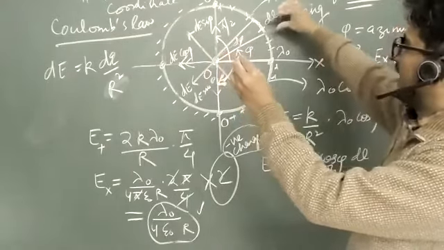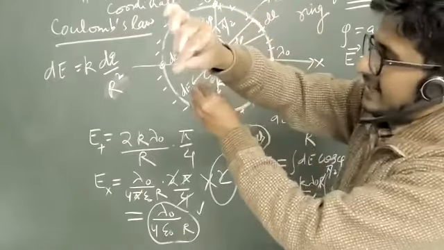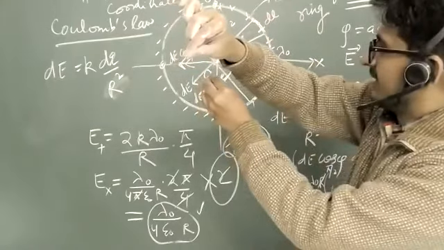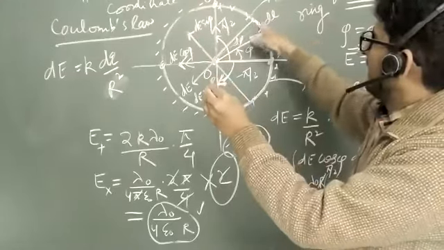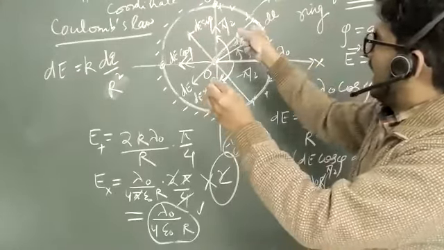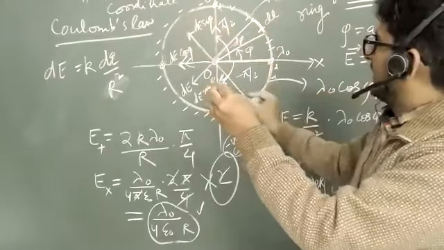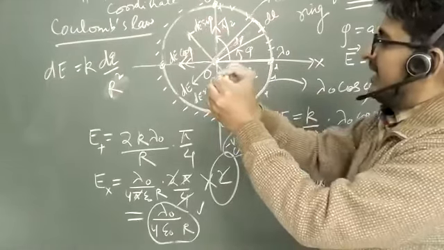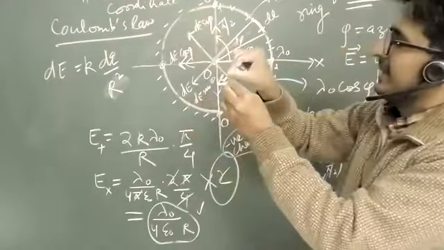Now please see what is happening. Because of this dL, the field will be in this direction, right? So now this is the dL, this is the dQ charge, and the field will be coming in this direction. And this is the dQ, field is coming in this direction. This is the dQ, field is coming in this direction.